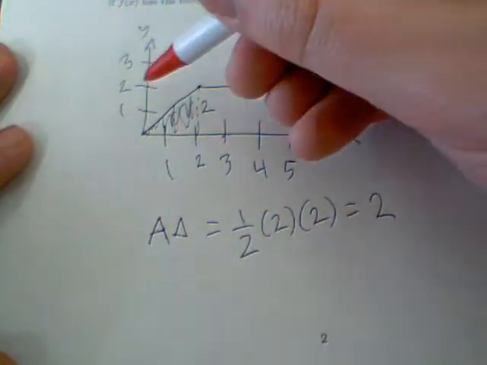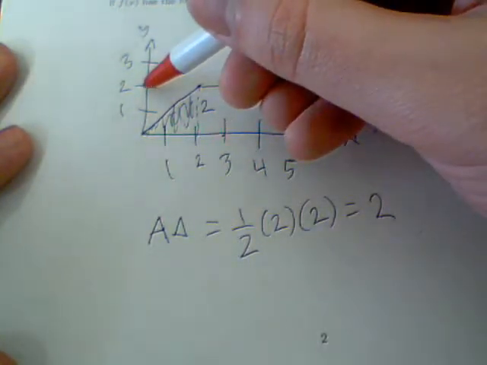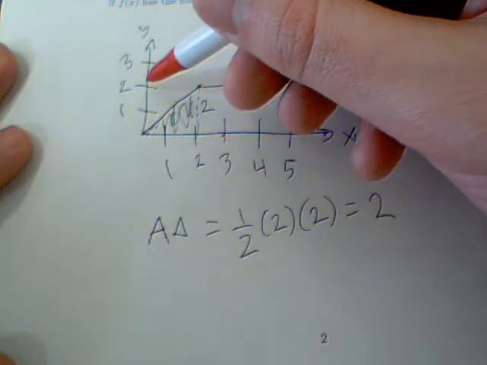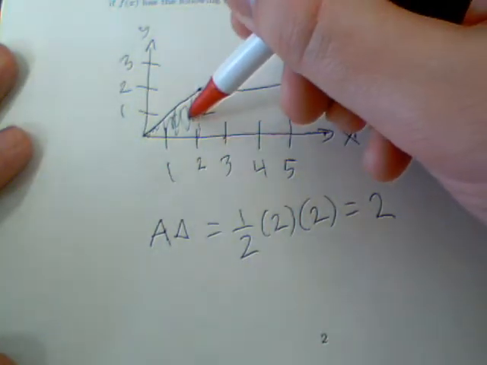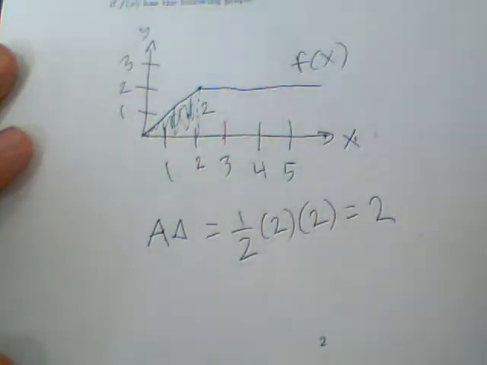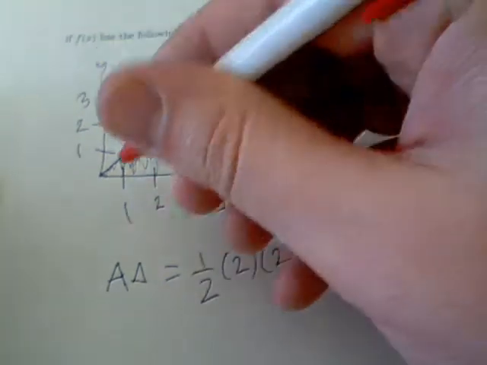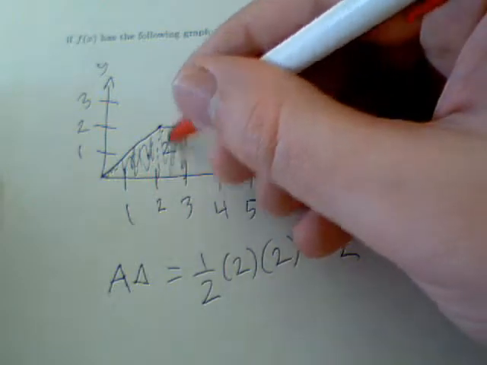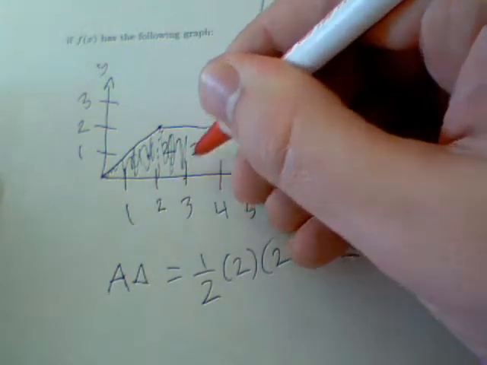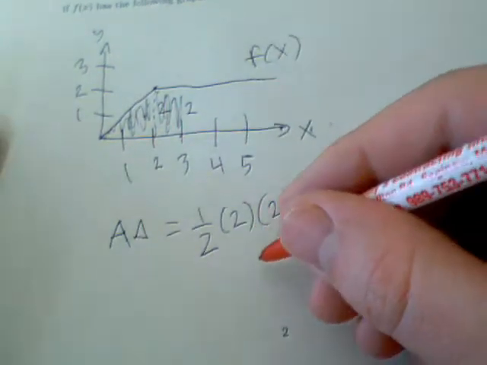Also, you could look at this as a square right here. Cut it in half, you get this triangle. Either way, this area should be 2. But I'm looking for the integral from 0 to 3, so that's just this first part. I need this last part, which is a rectangle, height 2 and width 1.